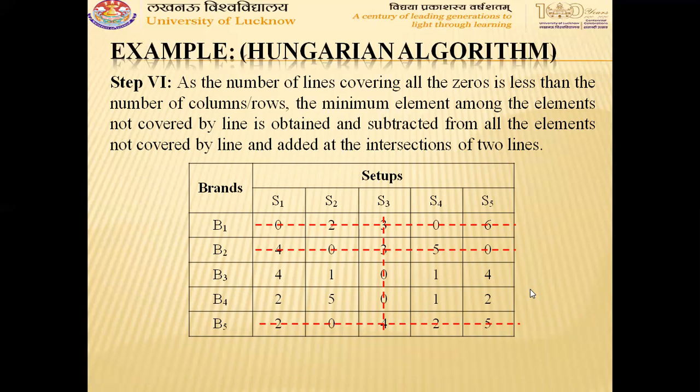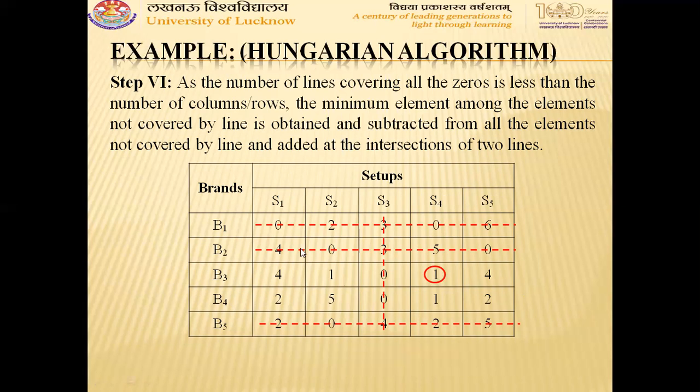We can take any of these as the minimum. There are 3, 1, 1, 2 and 3. So the minimum will be 1, whether you consider this, this, or this. Now this one is subtracted from all the elements which are not covered by the lines.